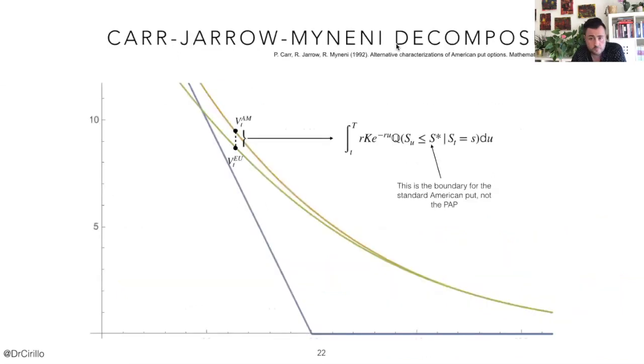Now, the last thing that I want to tell you, even if we do not enter into the details, is the following. In reality, there are many things that we know about American puts. In particular, if there are no dividends and if the interest rate is strictly positive, because I repeat, if it is negative or equal to 0, you just wait until maturity. But in any case, there is a famous decomposition called the Carr-Jarrow-Myneni decomposition, for which the value of every American put can be written as a sum of two different terms.